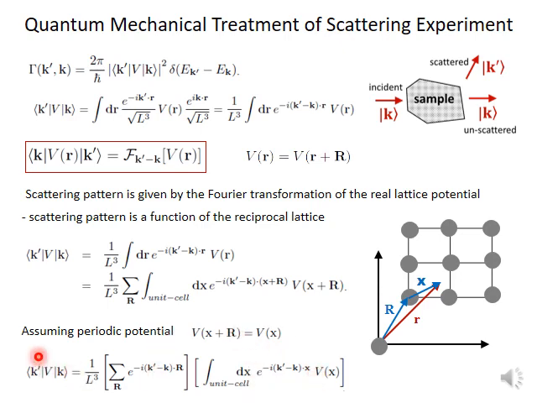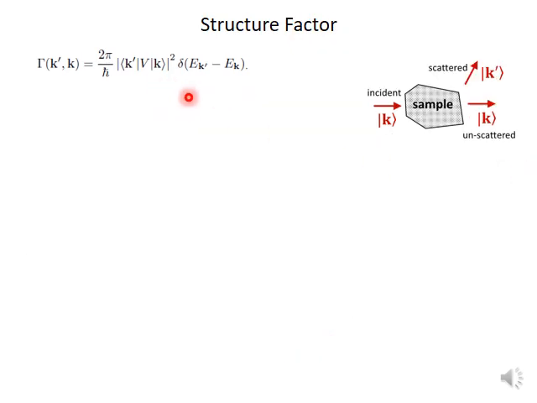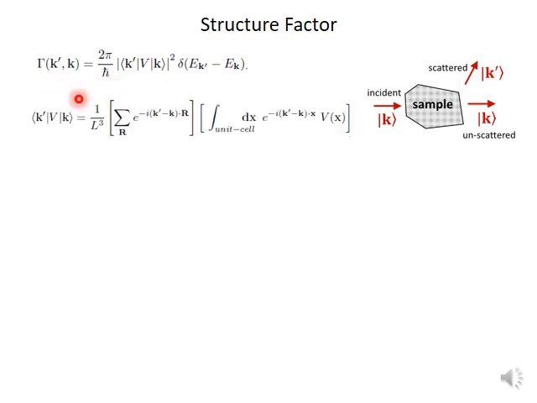And let's see what each of these two parts represents. The scattering rate per unit time is given by this matrix element squared, and the matrix element is given by such an expression, given that we have split the whole crystal into unit cells and integrate over all the unit cells within the crystal. So let's look at this part first.